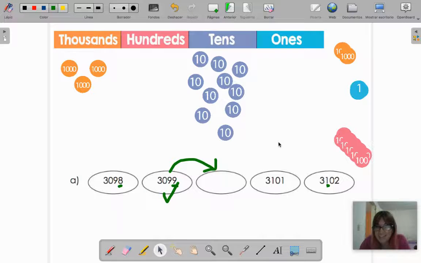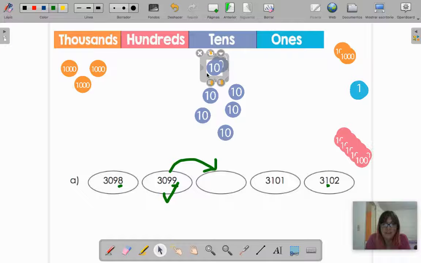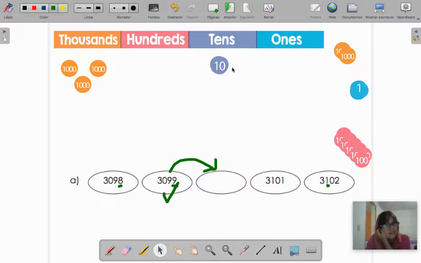Again, we have 10. So can we have 10 in the tens? No. That means Zero the hero comes again, but now in the tens place. That means we put them together. 1, 2, 3, 4, 5, 6, 7, 8, 9, 10.